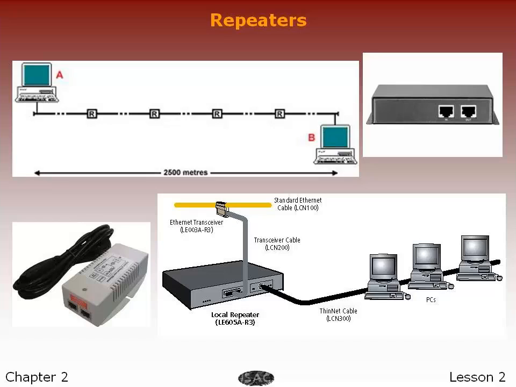Similarly, a light signal traveling through an optical fiber suffers attenuation due to scattering and absorption. In long cable runs, repeaters are used to periodically regenerate and strengthen the signal. A network hub is one such device. We will talk about network hubs in the next slide.